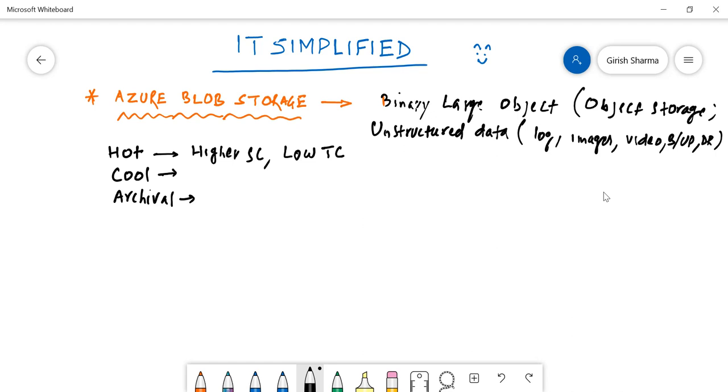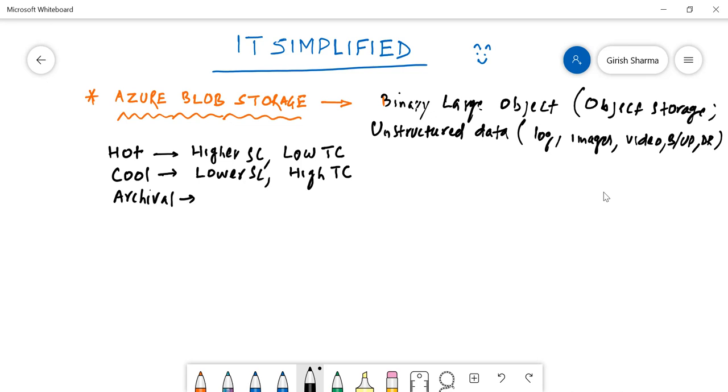So you will utilize hot in case you want to access the data frequently, so there is low transaction cost but the storage cost is higher as compared to the cool and archival. If you take the cool tier, it has lower storage cost as compared to the hot tier but high transactional cost as compared to the hot tier. Again, depending upon your business need, you can choose one or the other, but that's the major difference between the two.